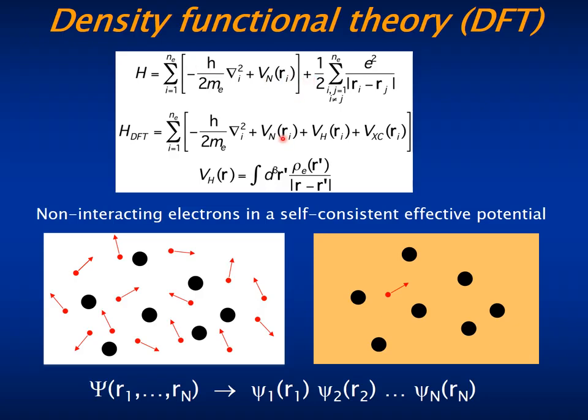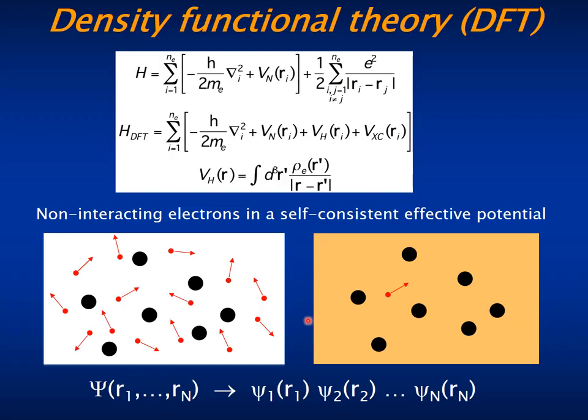What DFT does is to replace this n-electron problem by an effective one-electron problem in which each electron moves independently in the mean field, or in an effective potential created by the nuclei, the potential created by the electron charge, the electrostatic potential, and an extra term which is called the exchange and correlation potential, which accounts for the complicated correlation effects.